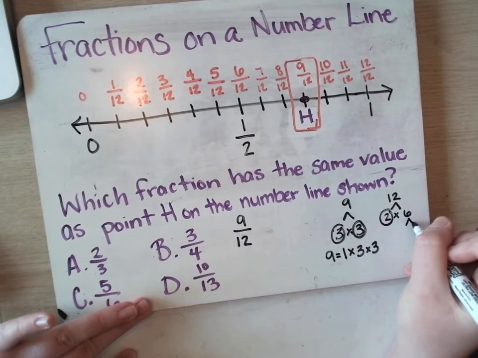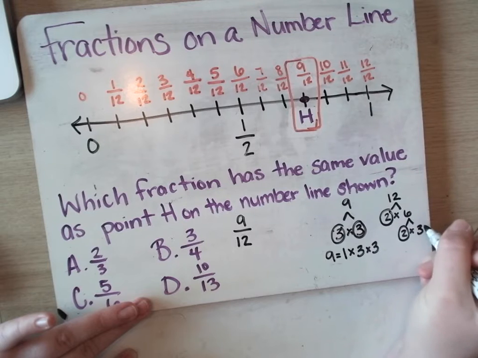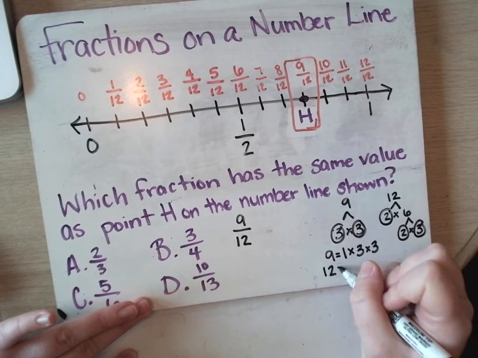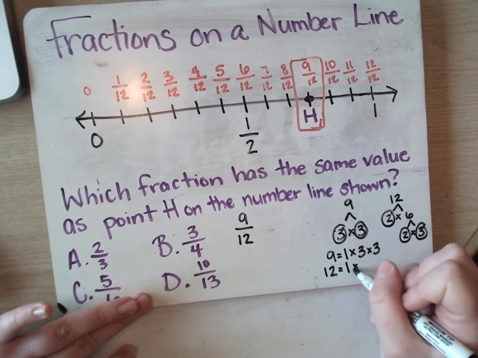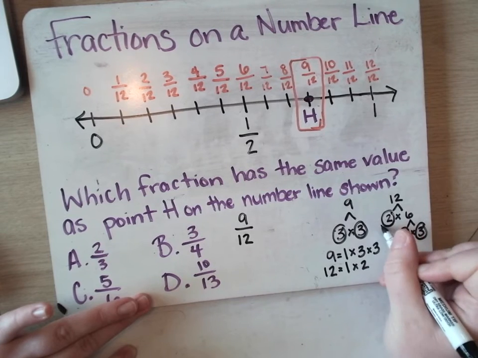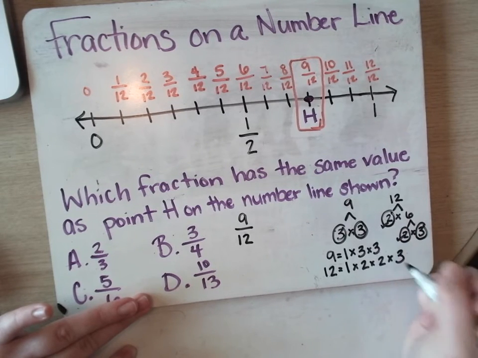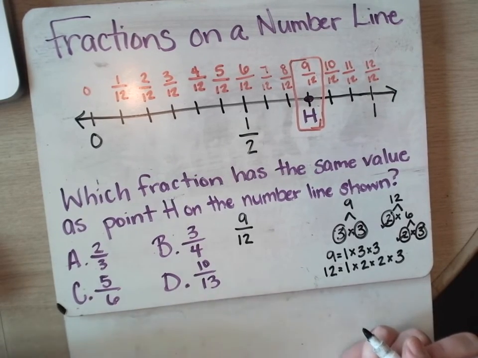Then I'm going to break down 6 to 2 times 3. And I'm going to circle those because I can't break them down anymore. So 12 equals 1, because it's a factor of every number, times 2 times 2 times 3. Now I'm looking for my pairs. What pairs do they have?